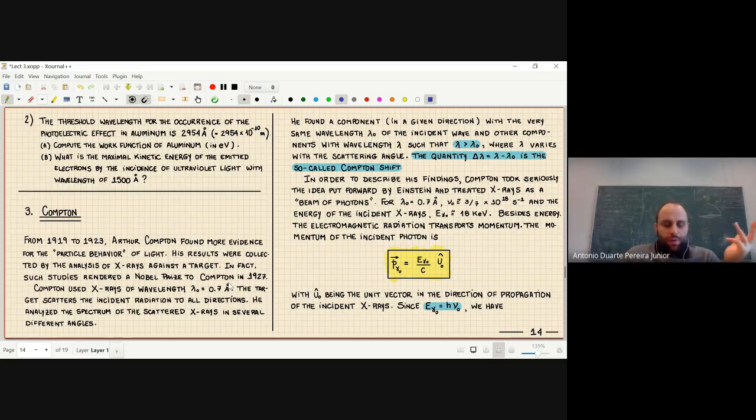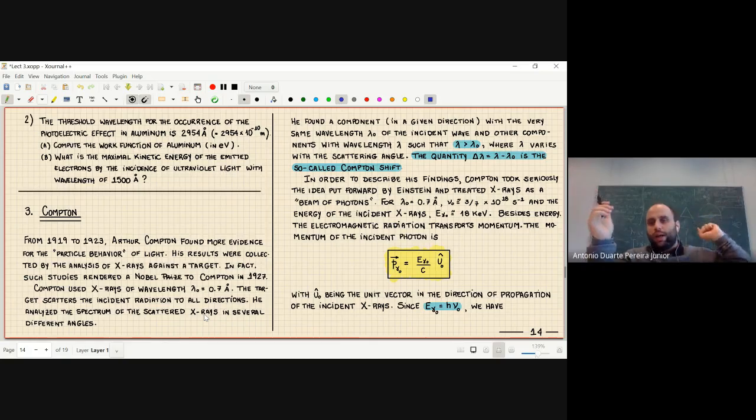And what happened was the following. So Compton analyzed the spectrum of this scattered light. Sorry, this is scattered radiation. So radiation was going up, going down, and so on. And he analyzed what would be the wavelength of the scattered X-rays.